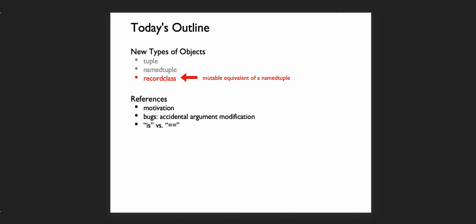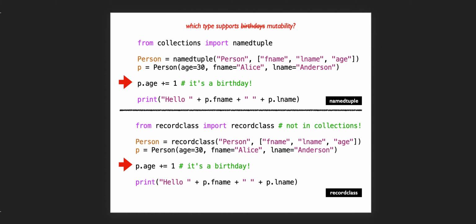Alright, so let's talk about the second custom data type, which is going to be based on record class. The difference between record class and name tuple is actually quite simple. Both serve the same purpose of creating a custom data type. So what's the difference? Name tuple is immutable, whereas record class is not immutable.